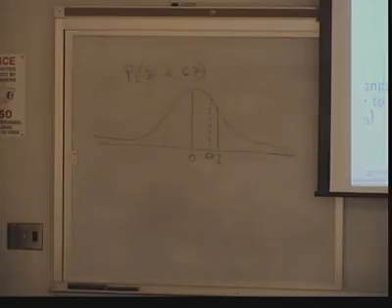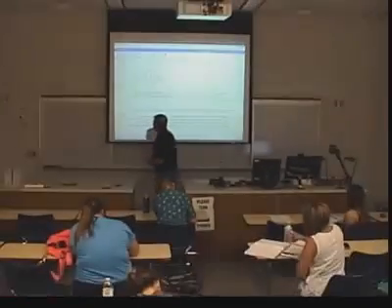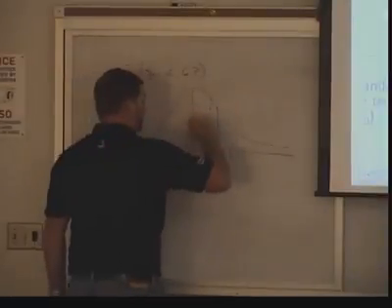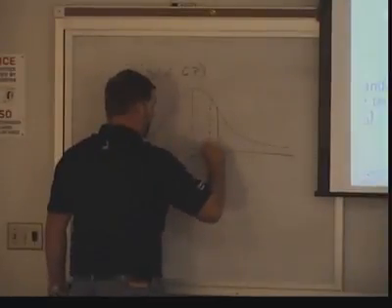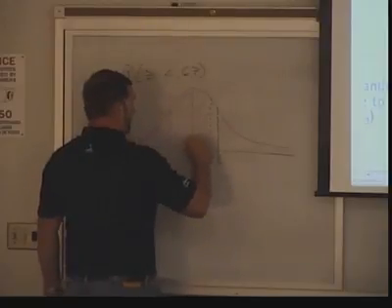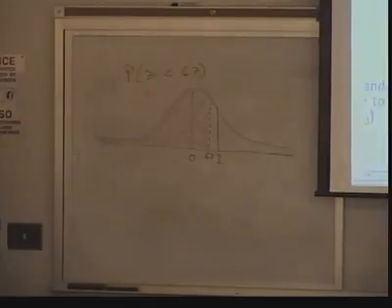So it wants the area under the curve for any z value less than 0.67. So that's all this. Does everybody agree with my picture here?